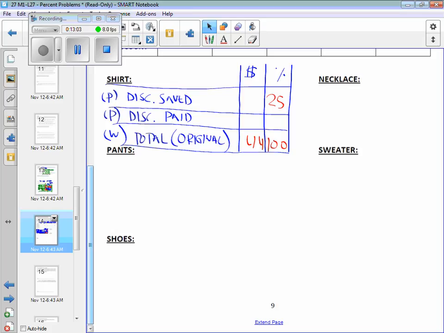Now you have everything that you need to figure out the missing pieces, either using addition, subtraction, multiplication, or division. What goes here? Shout it out. All right. 25 plus whatever it is going to add to 100. Where can you connect?